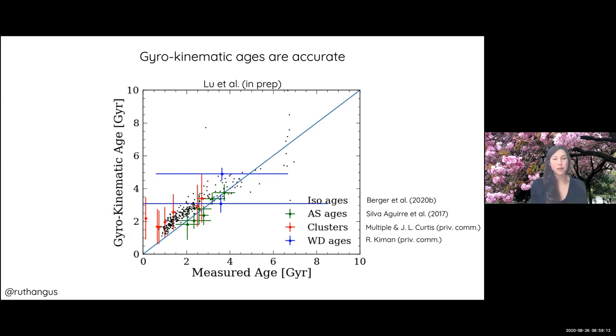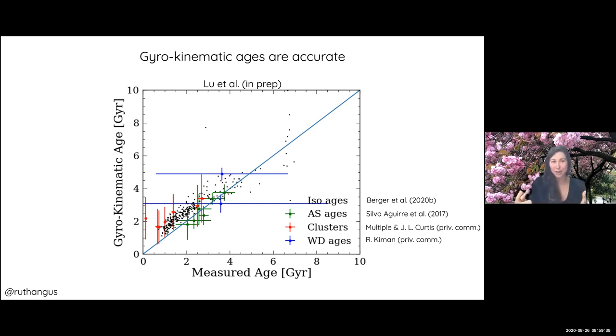And so what we actually did was we used extreme deconvolution, which is a method that models data sets as a combination of Gaussians, to effectively deconvolve the isochrone ages from their uncertainties, so that you can see the underlying trend. That's why those isochrone ages look like they're in this kind of Gaussian shape.